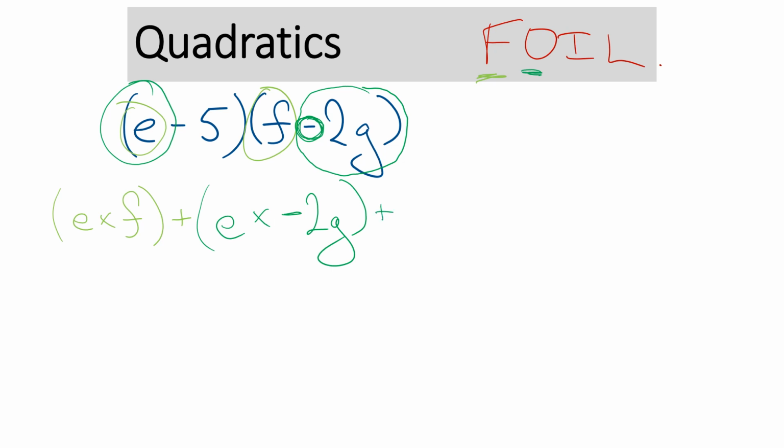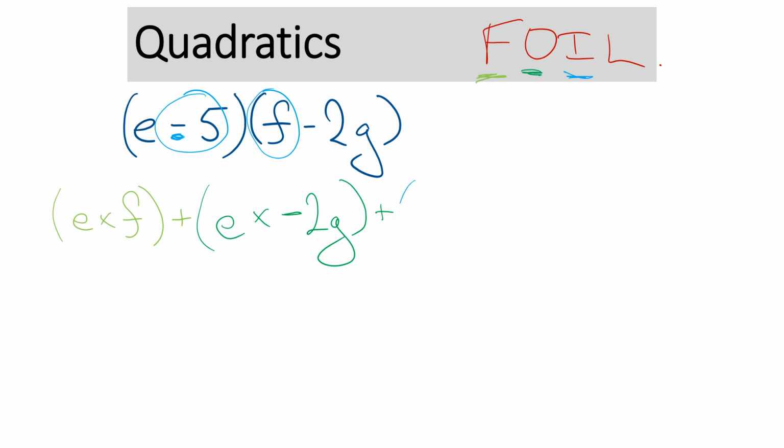Add the next term. What's the next term? Well, it's going to be our insides, okay? This is inside and this is inside. Remembering that operation is really important. Negative 5 times f. You've got to keep that operation on here. Negative 5 times f, close brackets, add our next term.